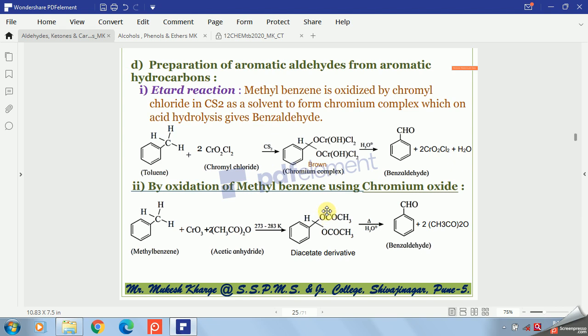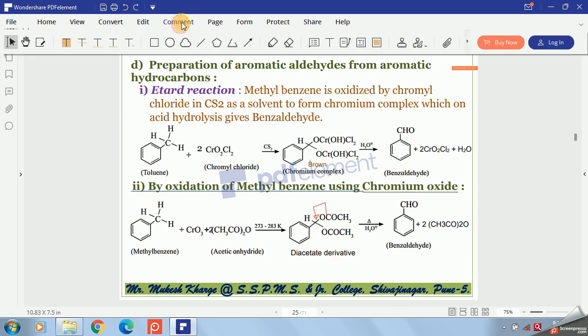So first we have to break the bond between carbon and oxygen, and it forms a double bond with this carbon. Okay, like this. So if we write a double bond like this, then this carbon becomes pentavalent.